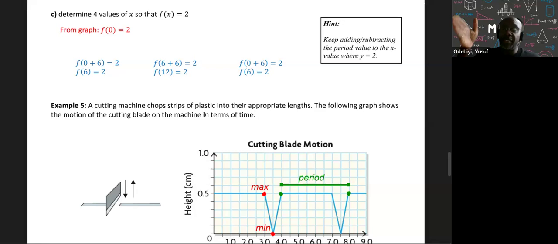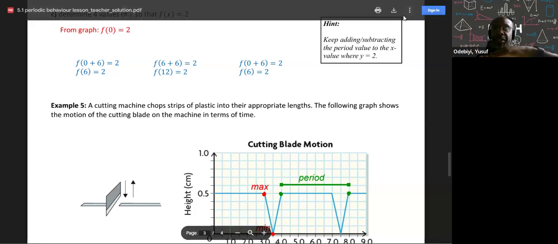So every 5 seconds, if I'm going along, maybe you can see my hand. If I'm going along and I cut it here and come back up, then I cut it over here, go back up, I should come down at the same time.